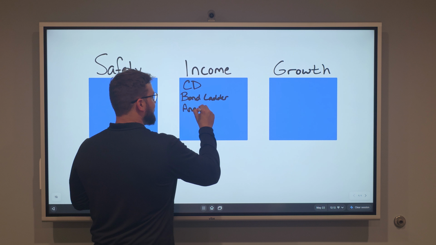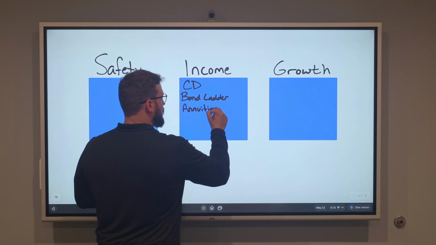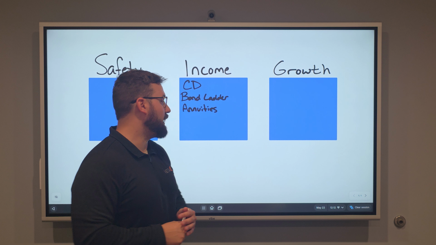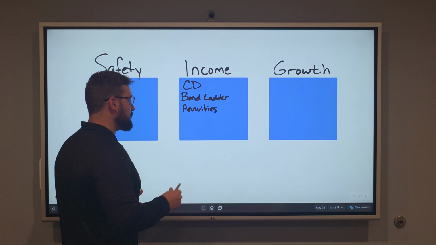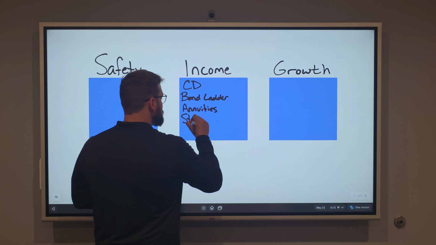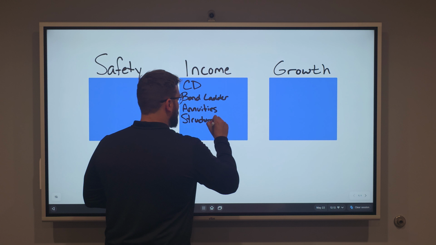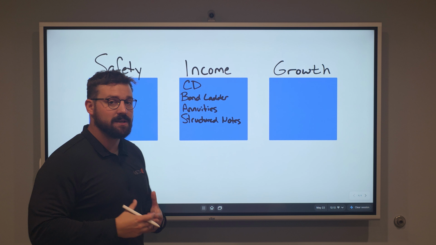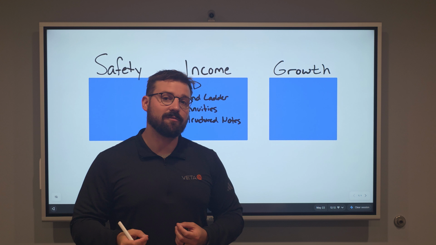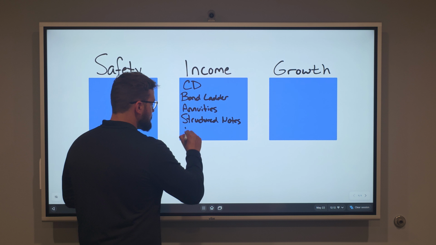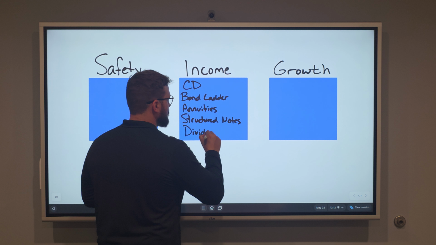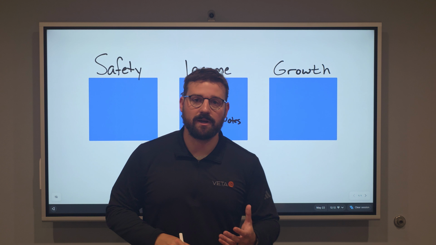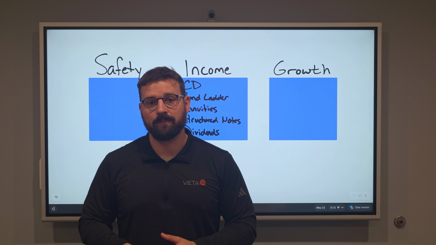Certain types of annuities are fantastic here because we're able to take part in a lot of market upside without losing any of the principal whenever the market goes down. There's a lot of structured products like structured notes and structured ETFs that give you an extremely significant yield with just a little bit of market risk. And things like dividends, as long as we are certain that these dividends are going to continue regardless of the fluctuation of that underlying asset.